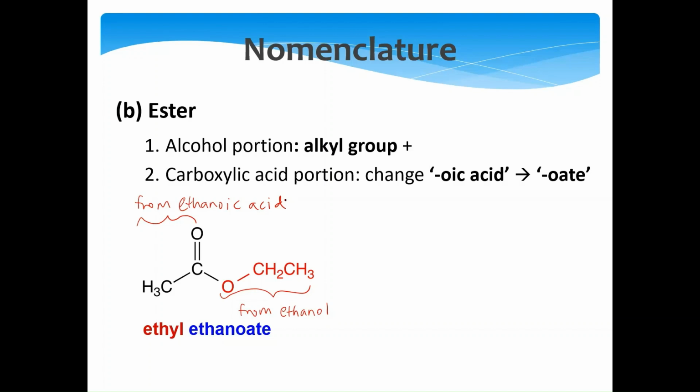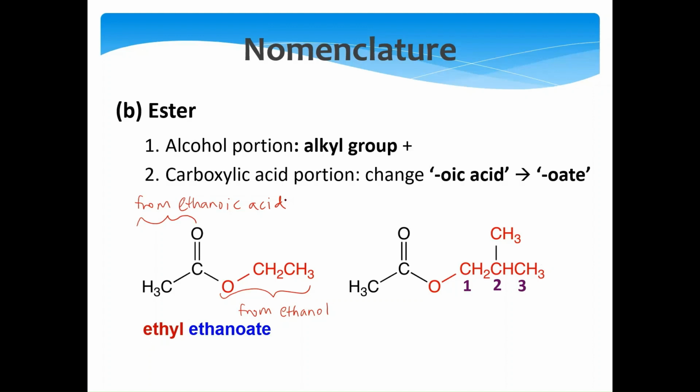Now, let's take a look at the next example. For this example here, again, I've highlighted the alcohol portion in red. It may be easier if you rearrange the groups a little bit. You will see that the red part is from the alcohol, 2-methyl propanol.